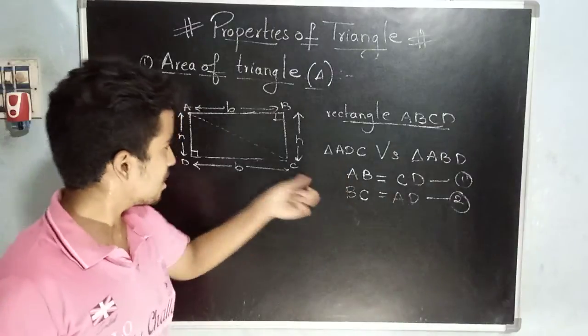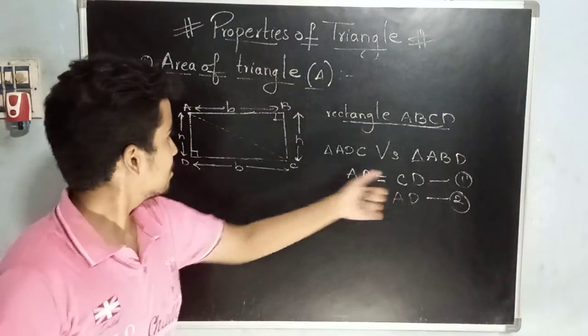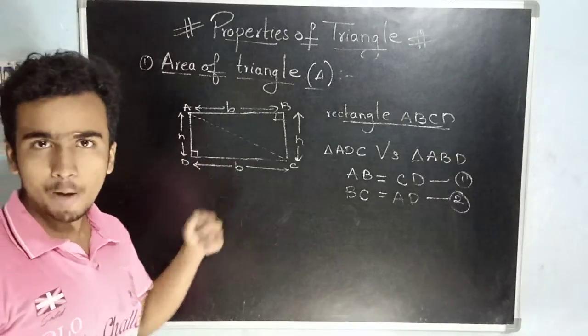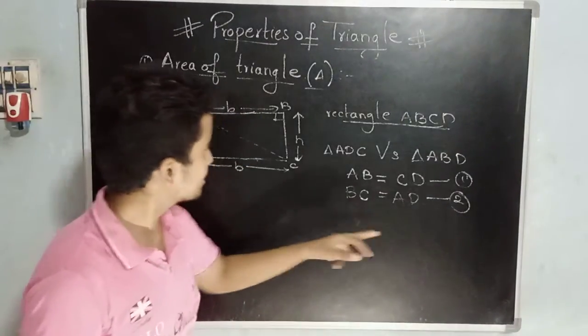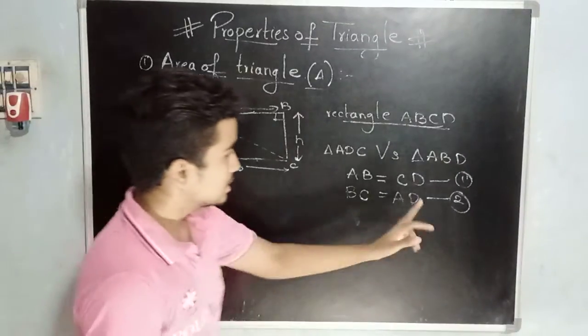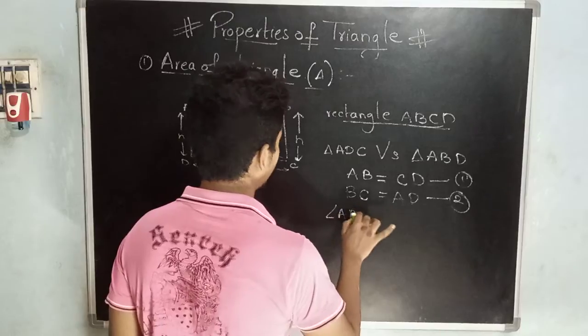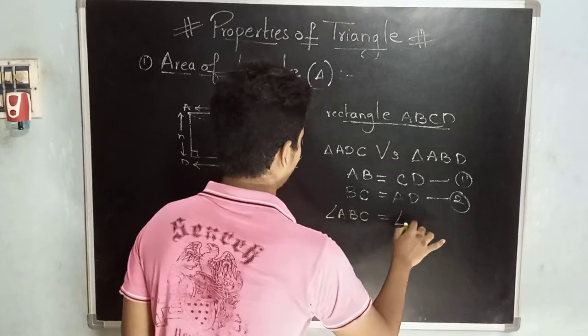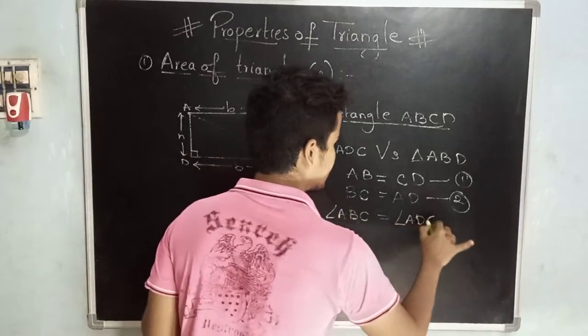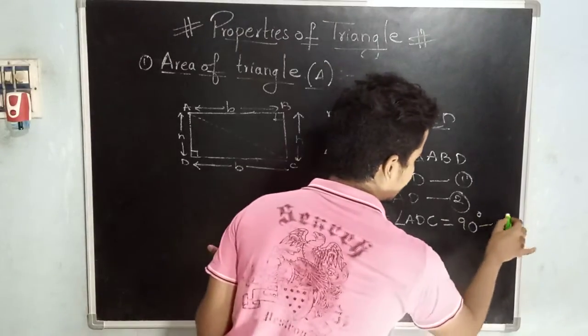A simple property: the two opposite sides are equal. And angle ABC is equal to angle ADC, which is 90 degrees. This is our third condition.